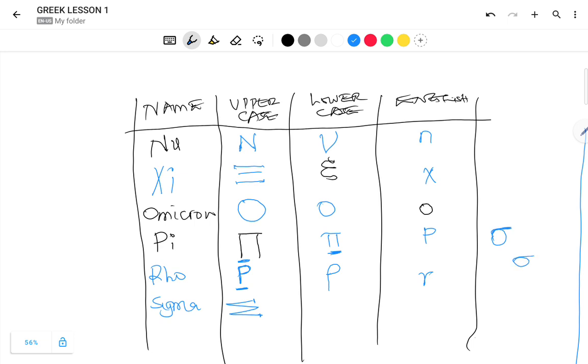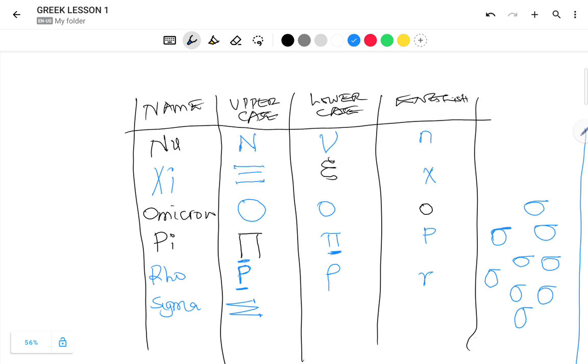So think of something like that. So sigma is sometimes written like that. Now, a lot of time they write this more with the oval shape than with the actual round circle shape. But you find something like this. This is sigma in the small letter.